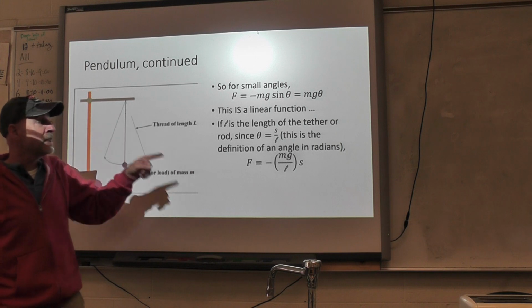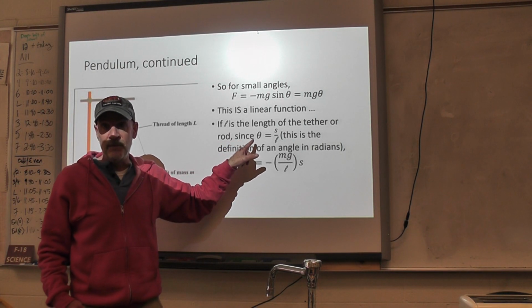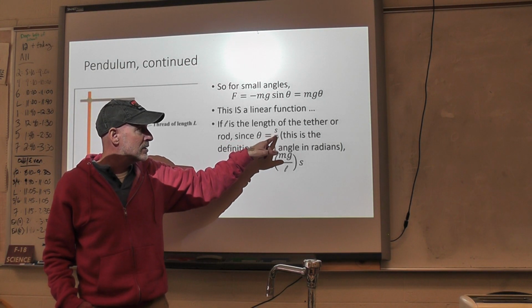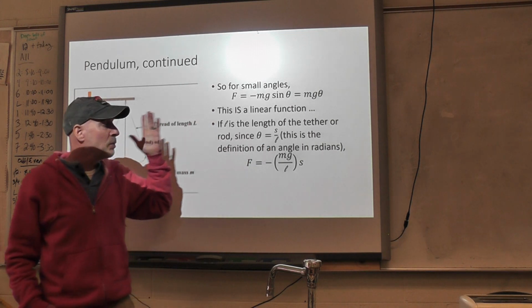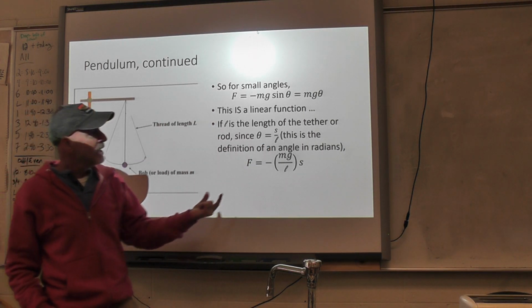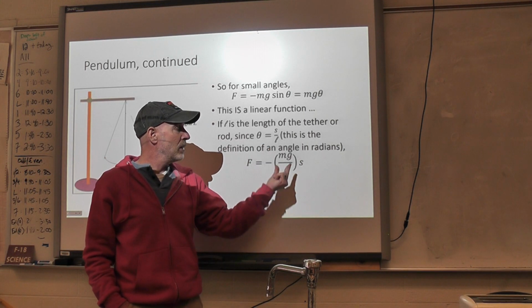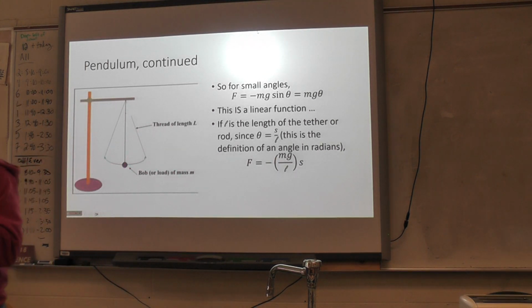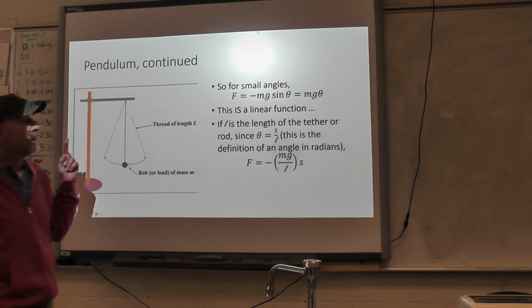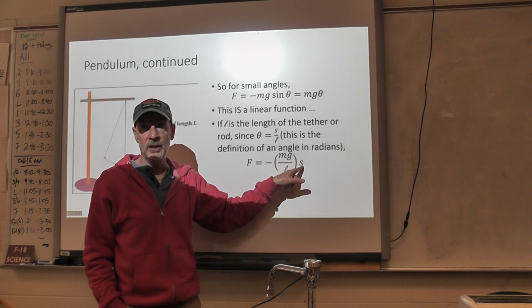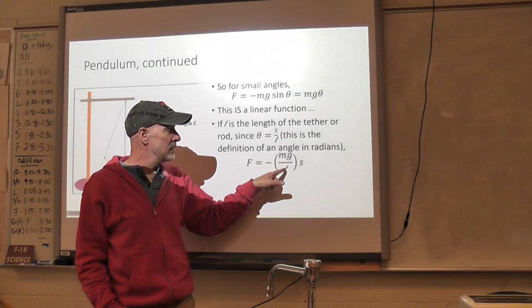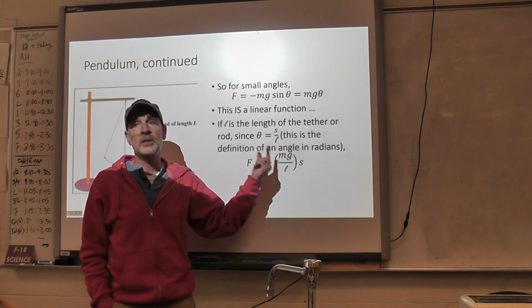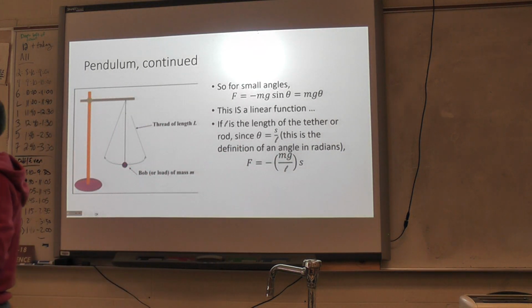And it's related, so theta is defined as the arc length divided by the length of the pendulum. So basically what we're saying is that theta, which is S over L, times mg is the magnitude of our restoring force. So if we know the horizontal displacement of the pendulum, the length of the string, and the weight of the mass, we can determine the magnitude of the restoring force.